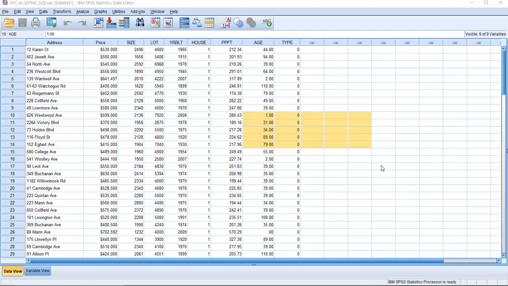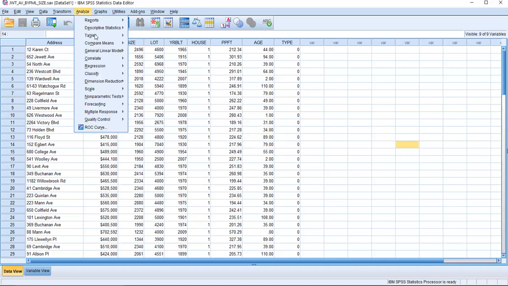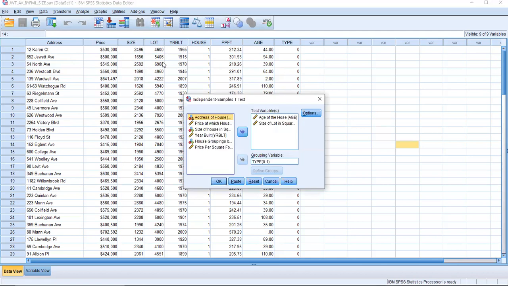So I'm going to pull up the SPSS file that has the data. I said you go to Analyze, you Compare Means, you do the Independent Sample t-test. So you select the variables. I'm going to select the age of houses. And then I'm comparing 1 or 2 family houses.